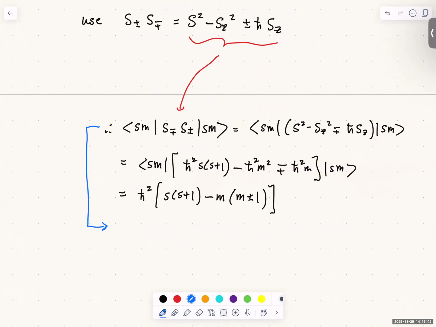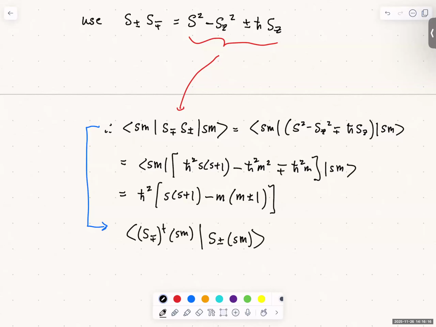So let's write it out slowly. This would be equivalent to S minus plus acting on the state to the left, so let's see, how do I want to do this? Yeah, Sm, I guess, is what we're going to have to do. And then we have S plus minus acting on state Sm.